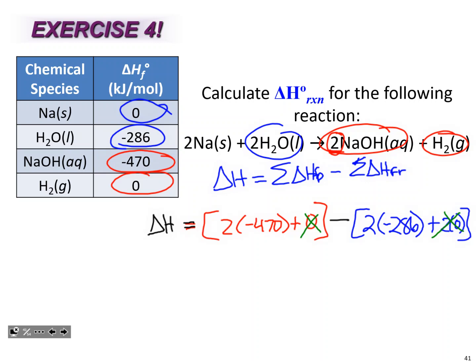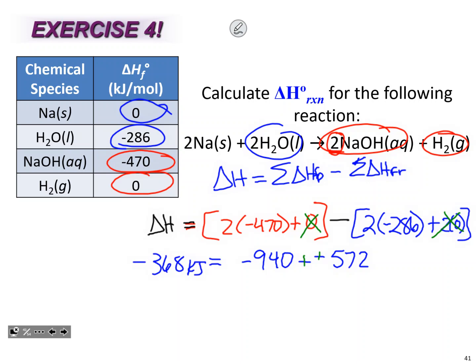So 2 times 470, this is going to be negative 940 minus, and 2 times 286, negative 572. So this ends up doing the plus plus here, and our overall delta H is going to be what? Negative 368. Negative 368 kilojoules.